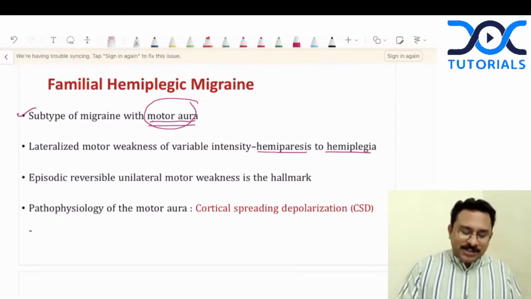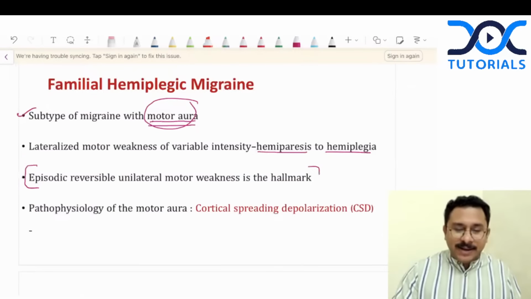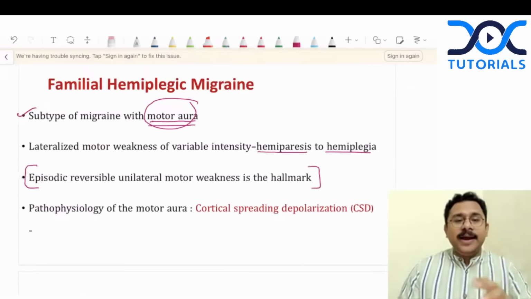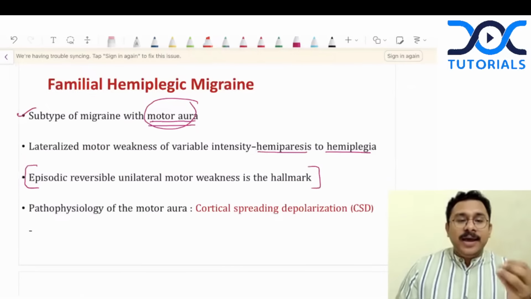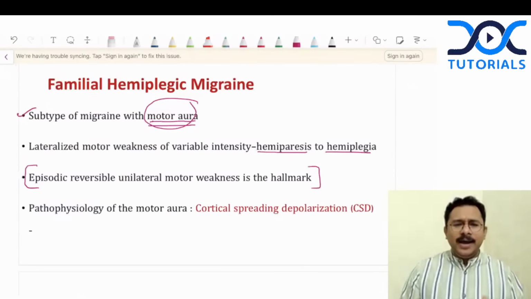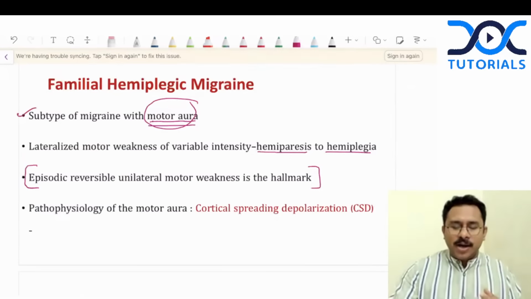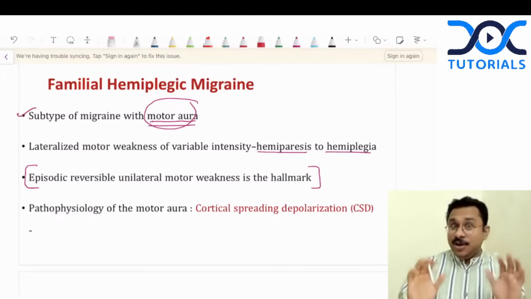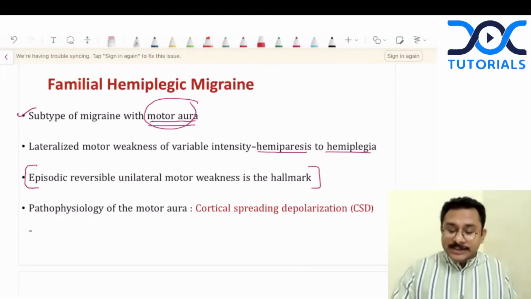Okay, so what is the hallmark of familial hemiplegic migraine? Along with the headache, you can also have episodic, reversible, unilateral motor weakness on one side. And an interesting point, this sort of motor aura, what is the pathogenesis? Do you want to hear a new term? CSD, cortical spreading depolarization.